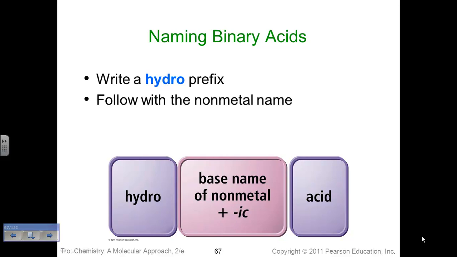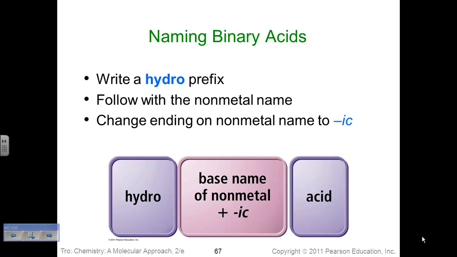The set of rules for naming binary acids say, start with the prefix hydro, followed by the nonmetal name ending with ic. Hydro, root word, ic. And then, of course, we would add the word acid.